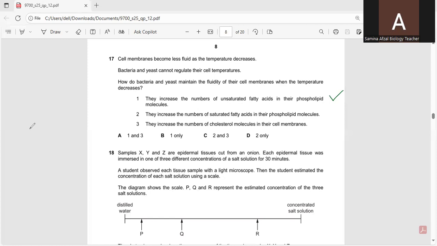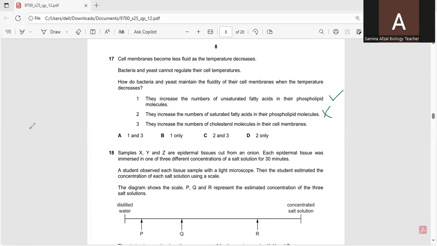They have loose ends, due to which they can maintain the fluidity of their cell membranes. Second statement, they increase the number of saturated fatty acids in their phospholipid molecules. If saturated fatty acids are increased, it means there is no double bond, so they will not be able to increase the fluidity. So the second statement is not correct.